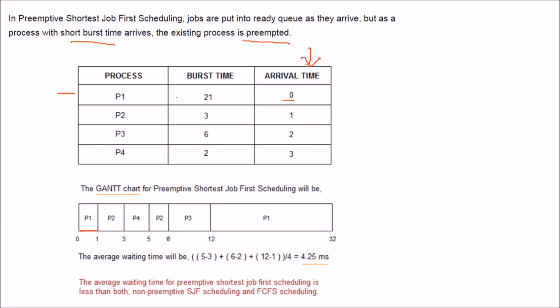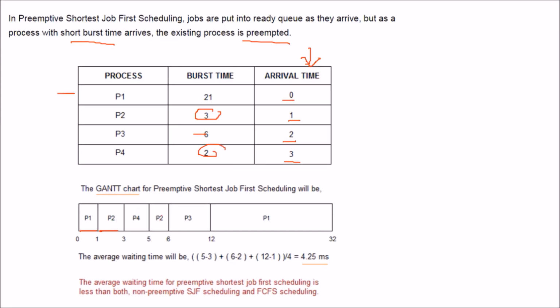After this, P2 has come at 1. At 1, P2 has the shortest burst, so P2 will be given the CPU cycles and it will run till 2, because at 2, P3 with 6 has come, but there is no problem, it will not be catered to.